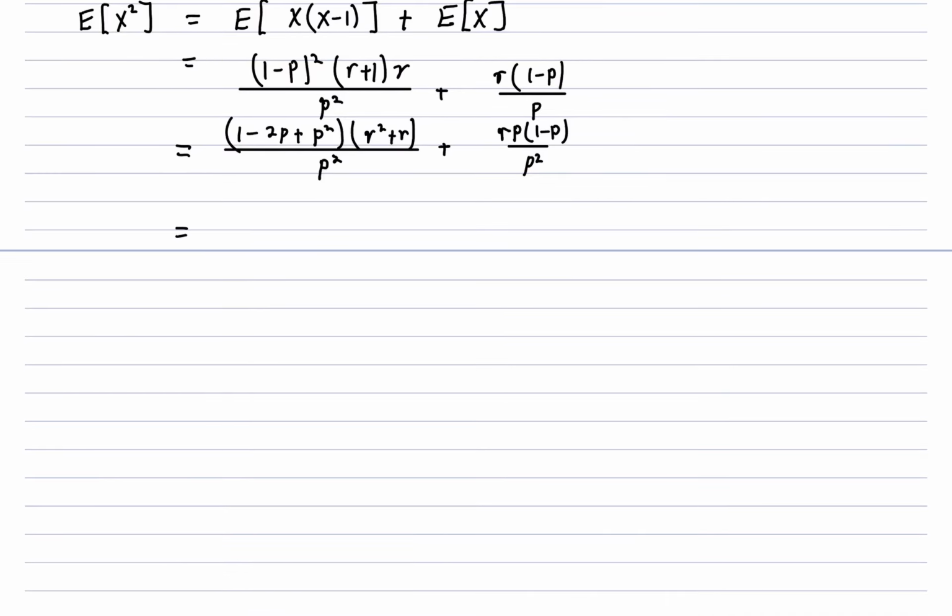Now we're going to do a bit more of an expansion. Here we've got our terms. We're going to have a 1 times an r squared, so we're going to have r squared. A 1 times an r, so we've got plus r. Then a negative 2p times an r squared, negative 2p r squared.